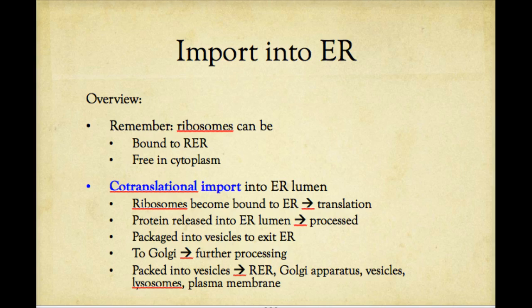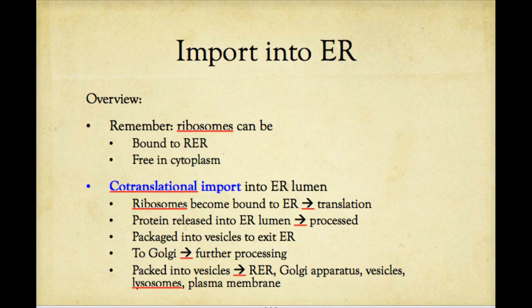So for co-translational import into the ER lumen, the first thing that has to happen is the ribosomes have to become bound to the membrane of the ER. Then translation can proceed, allowing the newly formed protein to be released inside the RER lumen.